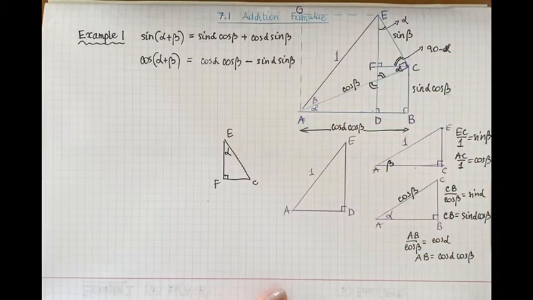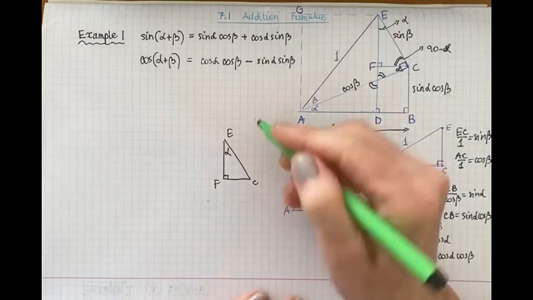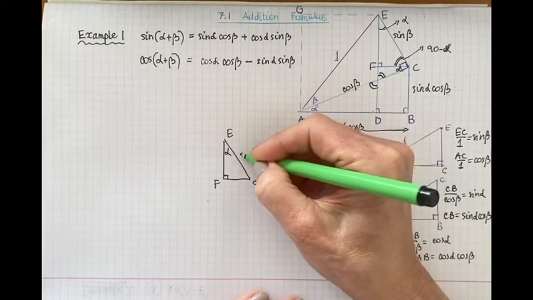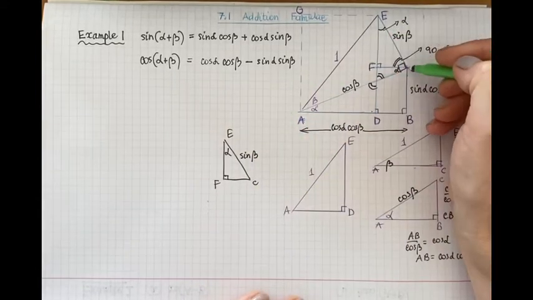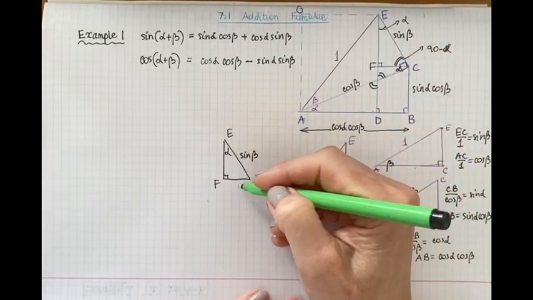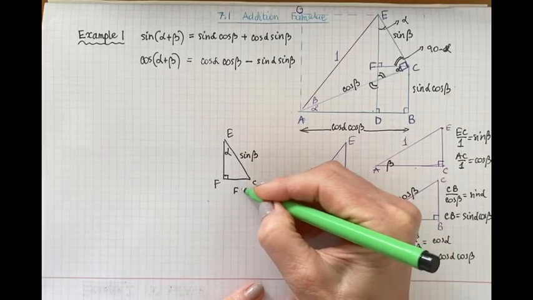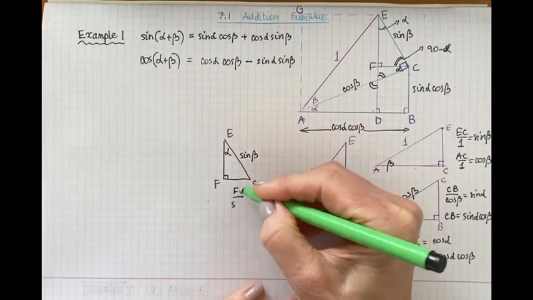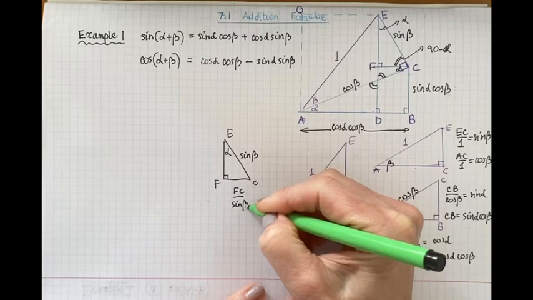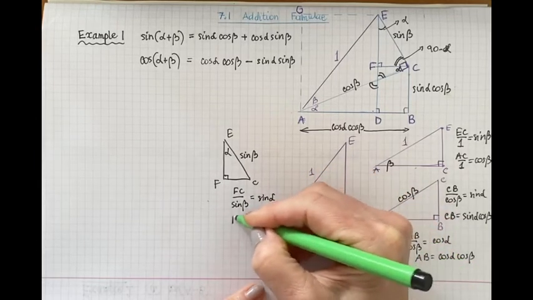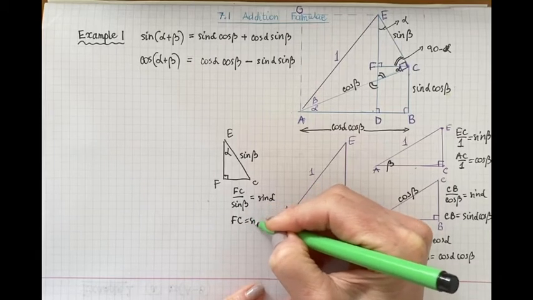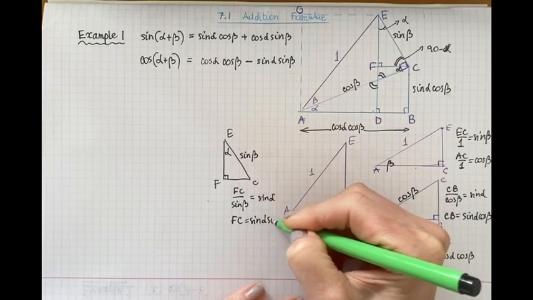There you go. In this triangle, you've got the side here, that's sine beta, which we found previously. This is the hypotenuse. So FC over sine beta, opposite over hypotenuse, must be equal to sine alpha. So FC is sine alpha sine beta.